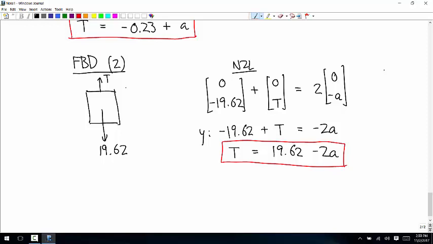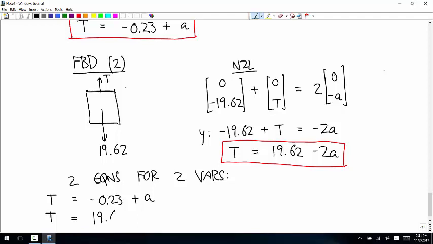And then set that aside, and there's our system of equations, the two boxed red equations. So you need to make sure that the variables in each one are the same variables. But yeah, we have two equations for the two variables T and a, so we should be able to solve that. So we have T is equal to negative 0.23 plus a, and T is equal to 19.62 minus 2a.